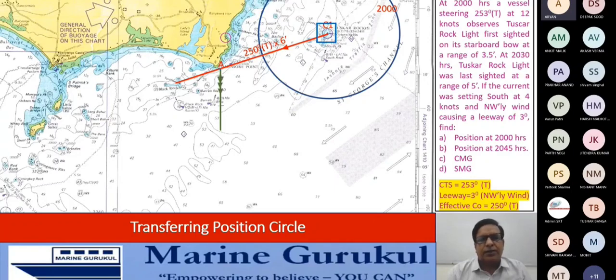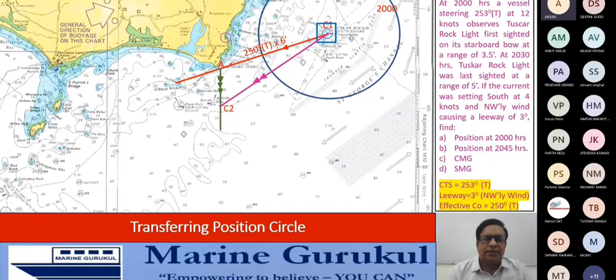And since the current set and rate is 4 knots, in half an hour it will be 2 miles of drift and we get point C. That means C1 to C2 is the course made good and the distance made good in half an hour. In other words, C1 gets transferred to C2.